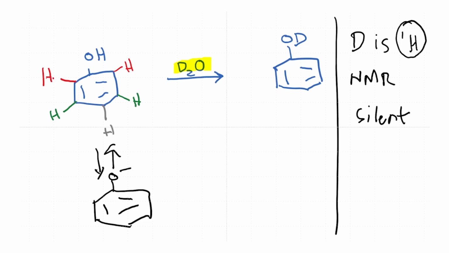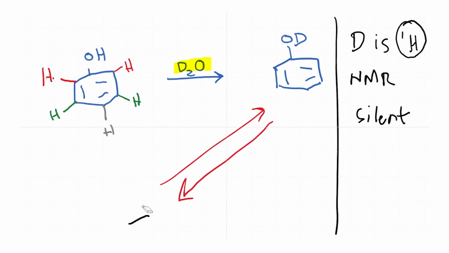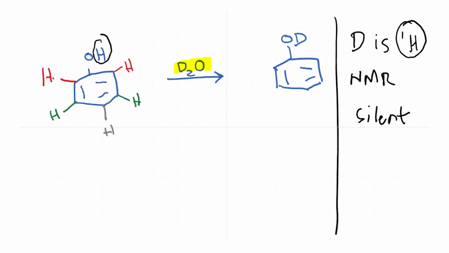Once this equilibrium is set up, when it picks up the deuterium, it goes to OD rather than OH. Of course, this is also going to be an equilibrium in this reaction. So gradually phenol gets completely converted to deuterated phenol. So in the NMR spectrum, the peak that you would expect for OH doesn't show up, and so you see only the remainder of the peaks.